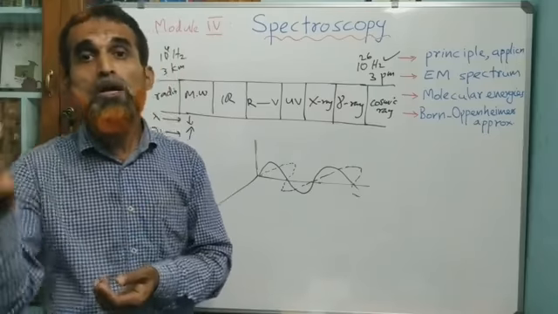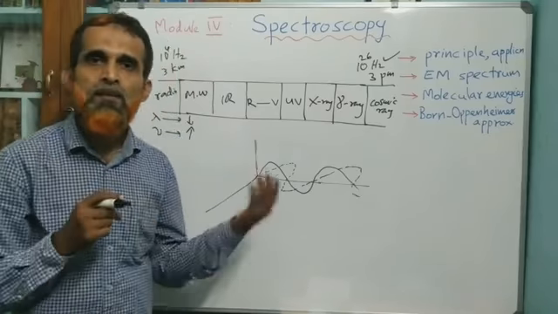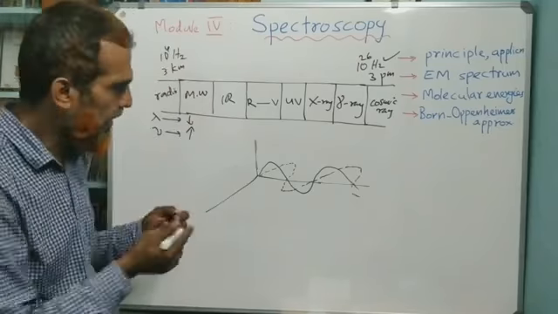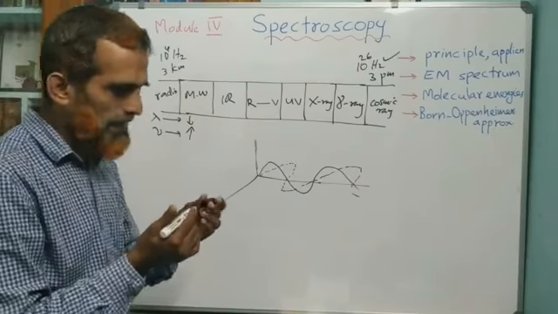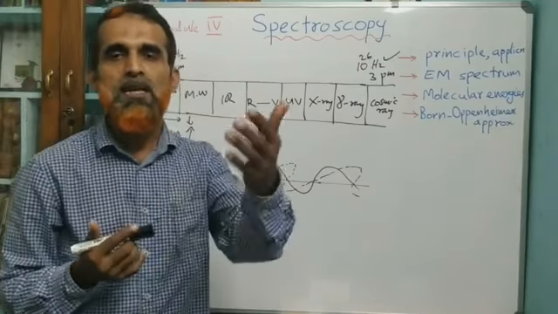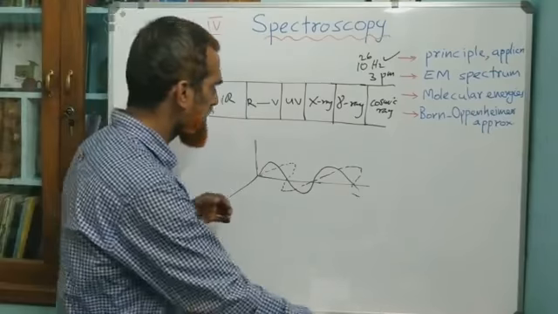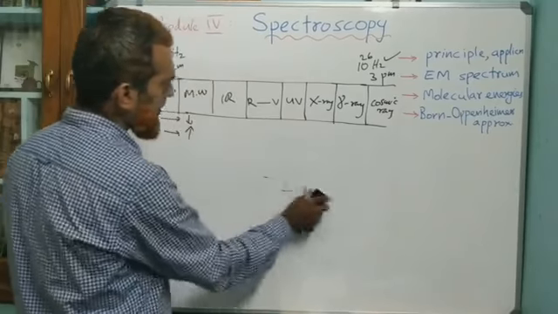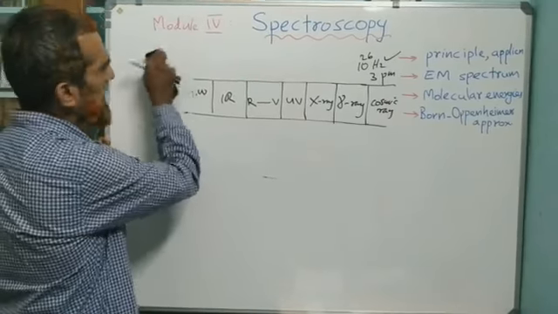So molecule also should have corresponding pulse, electrical or magnetic pulse. Okay? Then only interaction takes place, absorption takes place, and you get the spectra of a molecule. So that's about electromagnetic radiation.